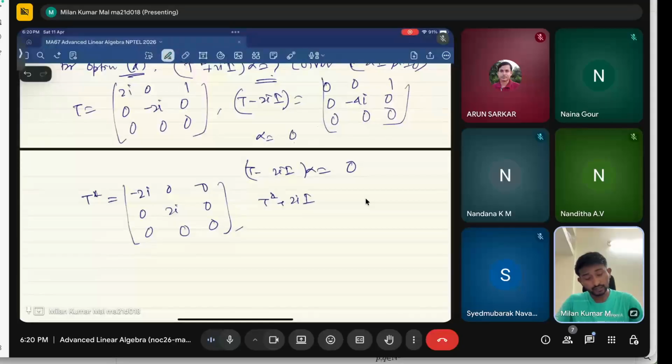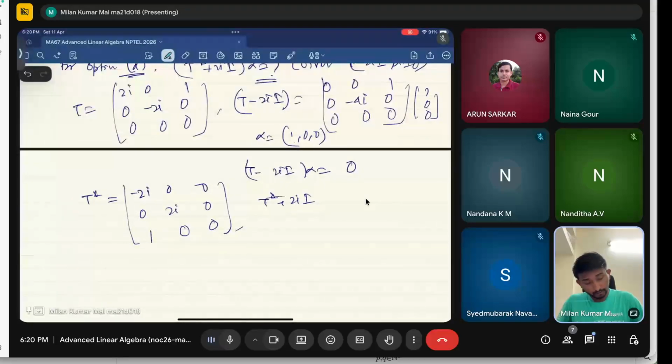Then if we multiply, the first column is 1 0 0. So if we write 1 0 0 and multiply it, the first one will be 0, the second one will be 0, the third one will be 0. So this is clear. Now what is T star? T star will become 1 here.